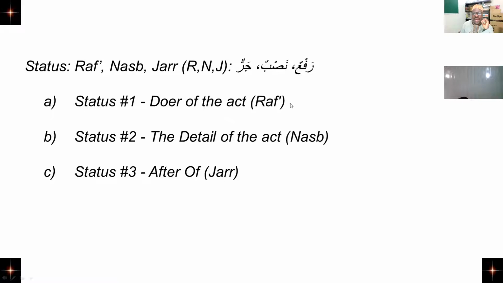So all doers are in rafa status. And all details of an action, or what we can call the victim of an action, the done to, are all in nasb status. So this is the doer, and this is the done to, or the victim of an action, which is always in nasb status.